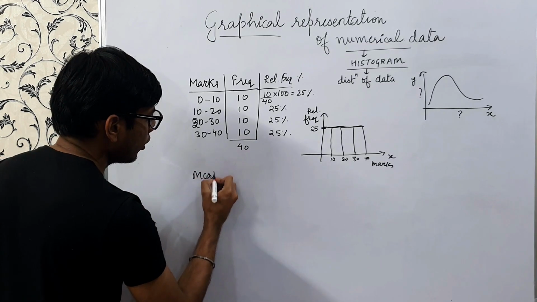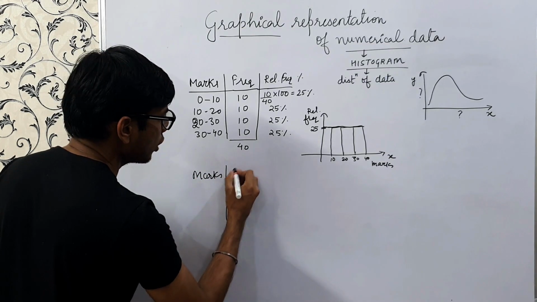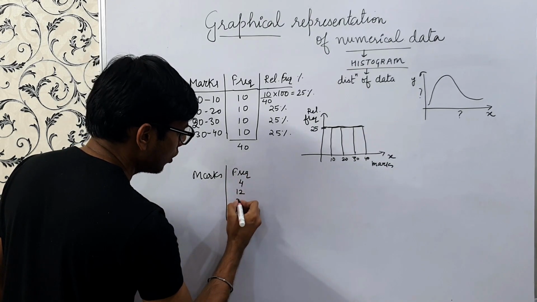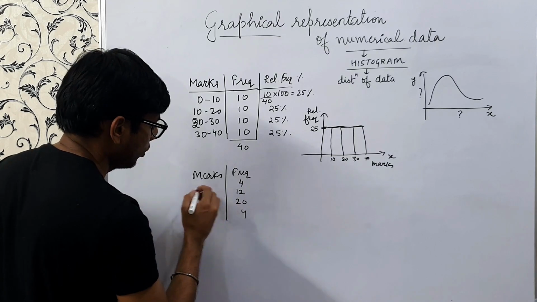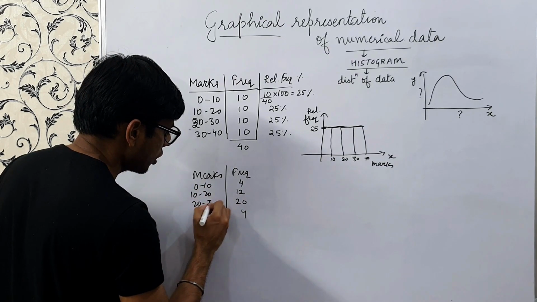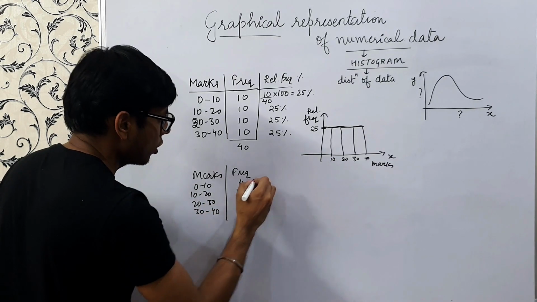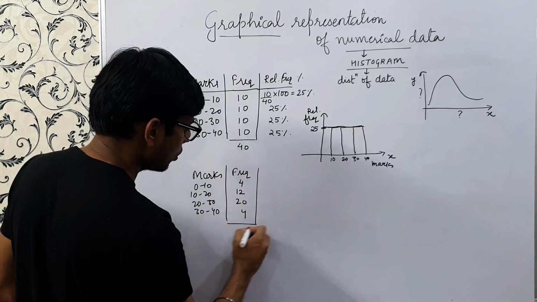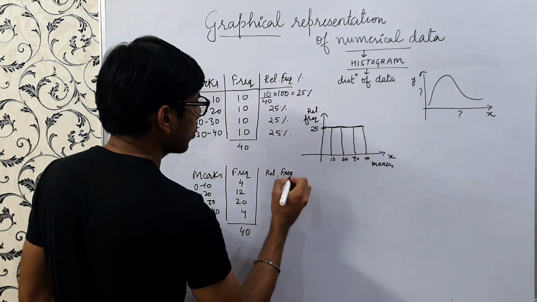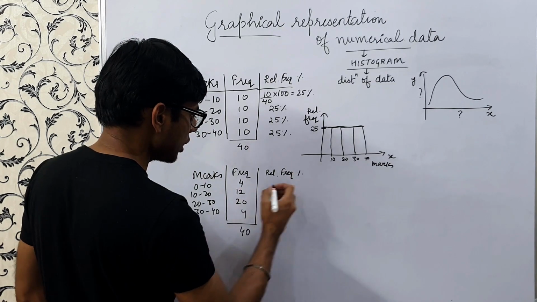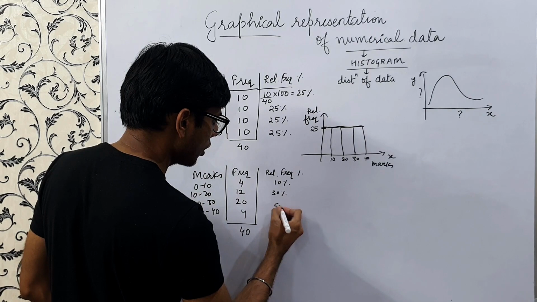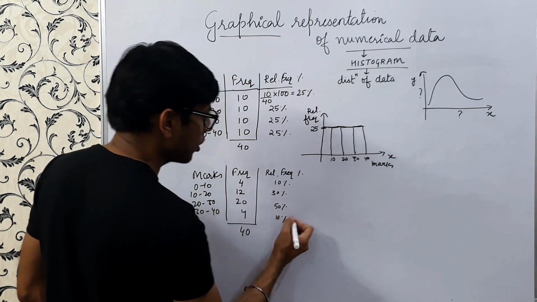Suppose we draw another, but here the frequency has changed. Here we take 4, 12, 20 and 4, for 0 to 10, 10 to 20, 20 to 30 and 30 to 40. The total number of students remains 40. If we calculate the relative frequency in percentage, this forms 10%, this is 30%, this is 50%, and this is again 10%.